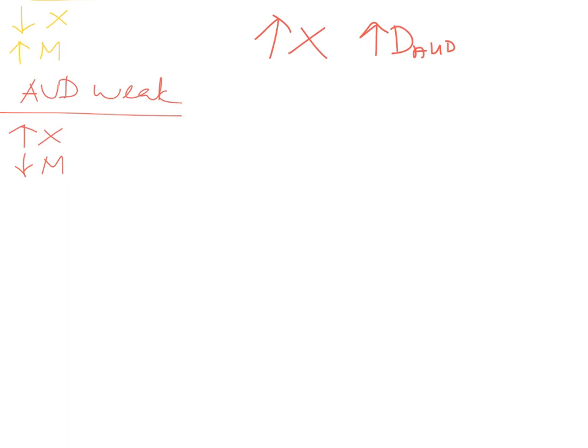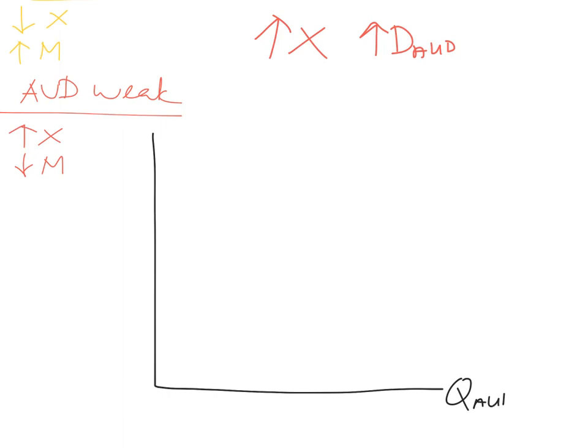Okay? So what will it look like? Well, it will look pretty much like the question we did earlier. Right? So I will draw my diagram. This is the quantity of Australian dollar, and this is the exchange rate. This is the value of the Australian dollar in terms of the other currency.